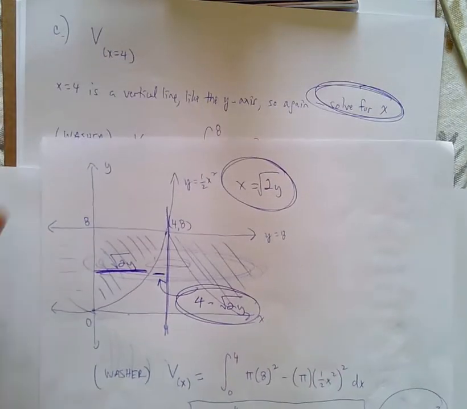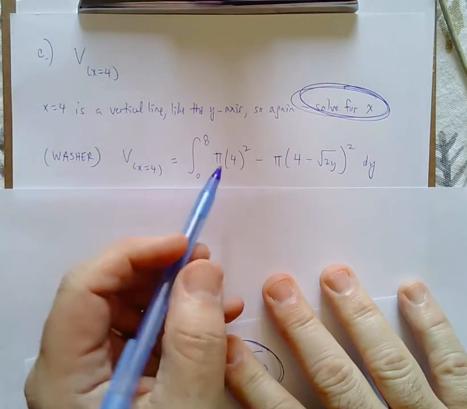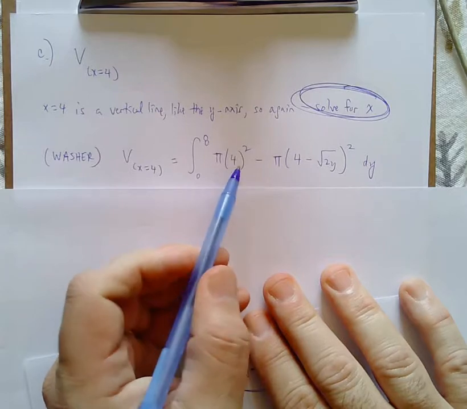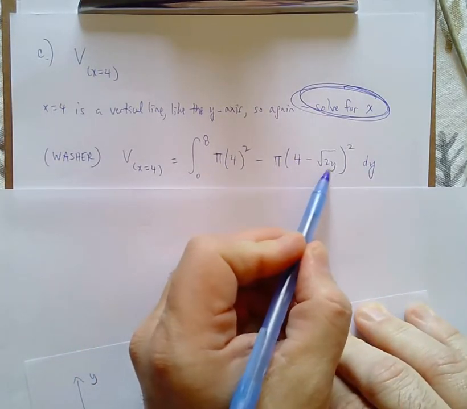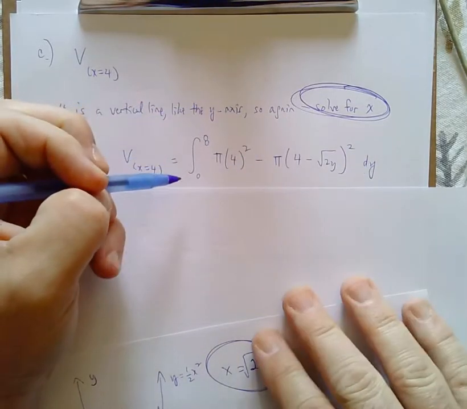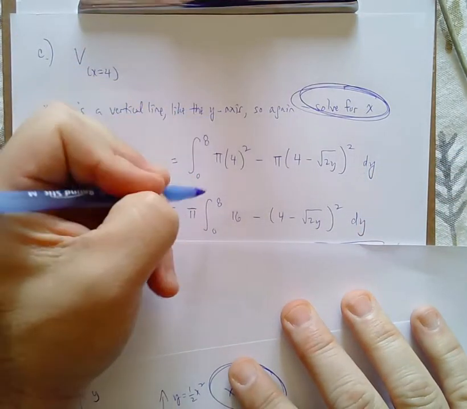So if you look at this answer, the outer is the distance from x equals 4 to the y-axis, which is 4, and then the inner is 4 minus radical 2y squared. Don't forget it's dy. Again, pull out the pi, and this is what you're going to type into your calculator.